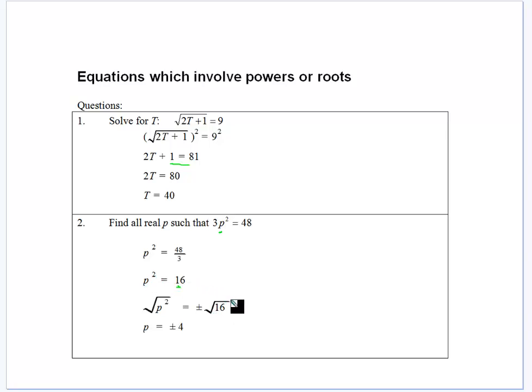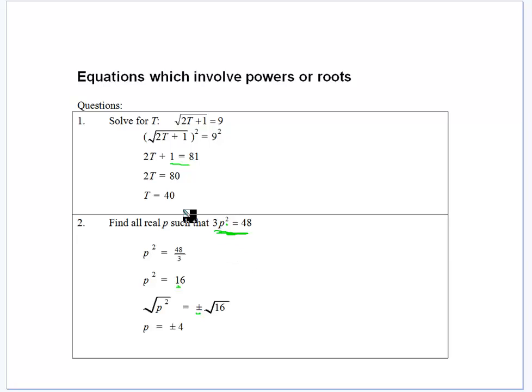So we take the square root, but notice we're taking the positive and negative square root, because minus 4 times minus 4 would equal 16, as well as 4 times 4 equals 16. So there are two solutions to this equation, as we said before. That's okay. You're allowed to have two solutions. Sometimes when it's a number squared, you're going to have two solutions. You'll see later on that it's possible to have one solution or no solutions for something like that. But this works out okay for us.